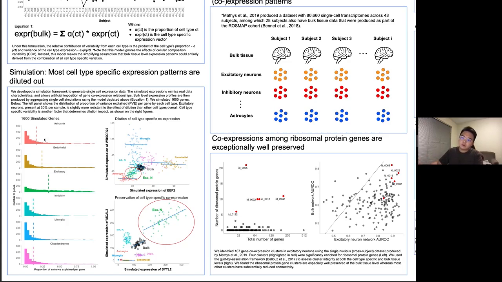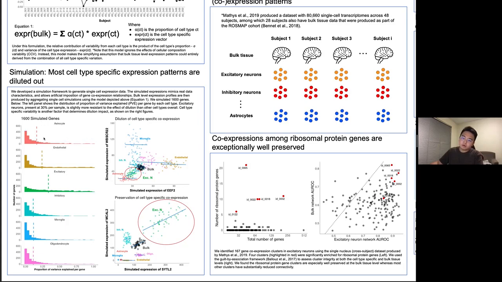Here on the left hand panel, I'm plotting the amount of signal per gene that is coming from each individual cell type. For example, the genes plotted on the right over here are mostly driven by signals from the astrocyte cell type specific expression vectors, but of course those are rare.